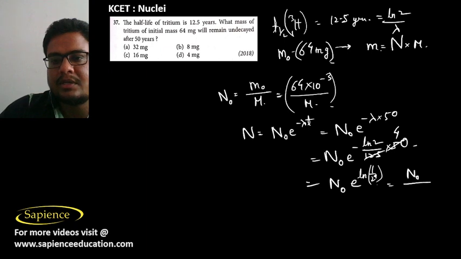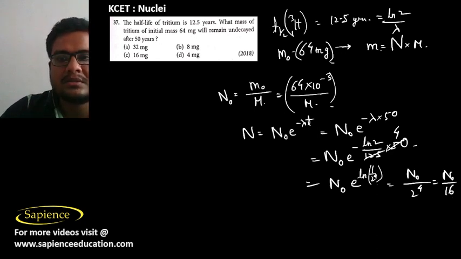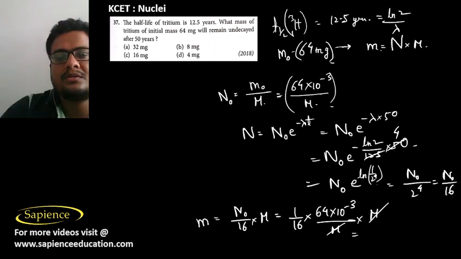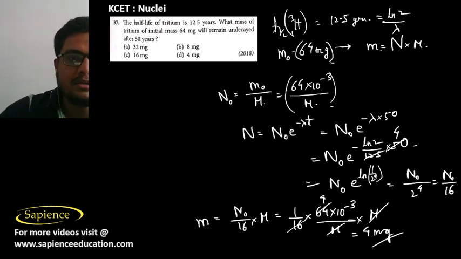So N will be N naught by 16. The mass that is present is N naught by 16 into M, that is 64 into 10 power minus 3 divided by 16 M into M. 64 by 16, so that is 4 milligram. 4 milligram will remain undecayed. Option D is the correct answer.